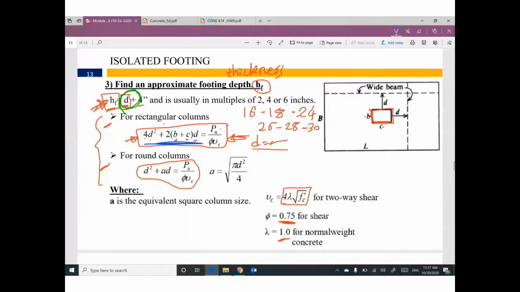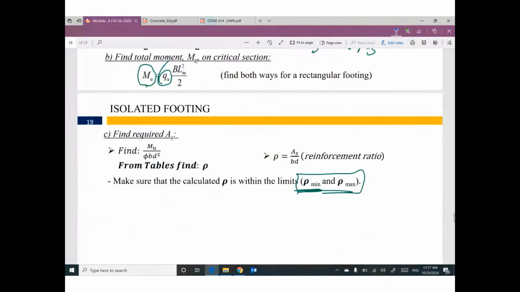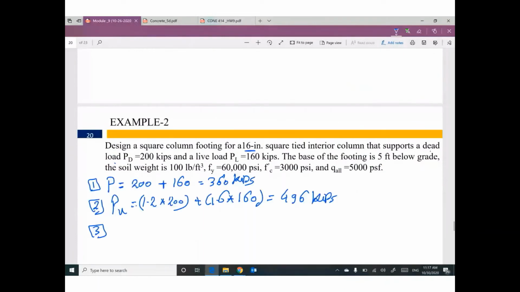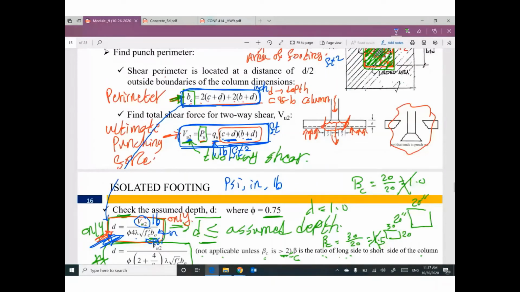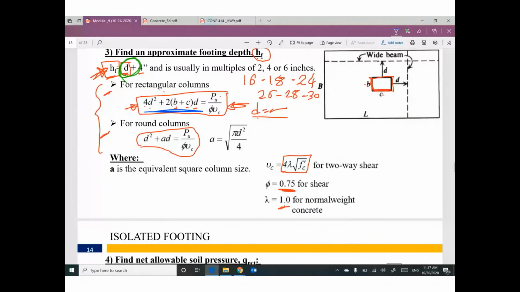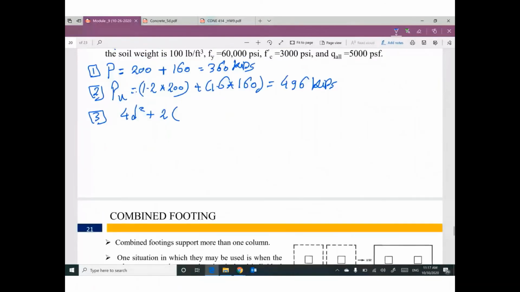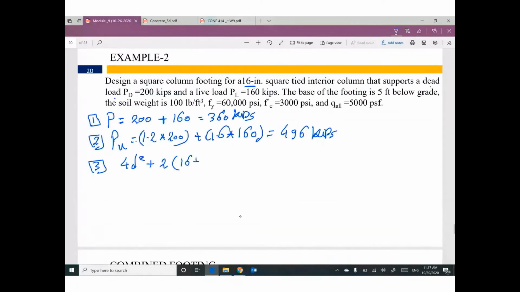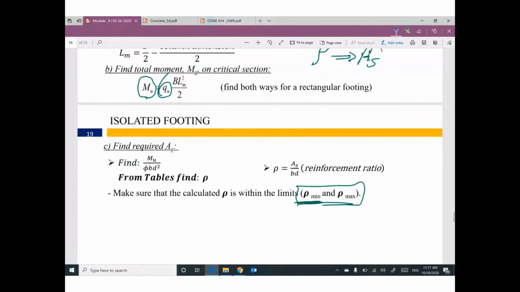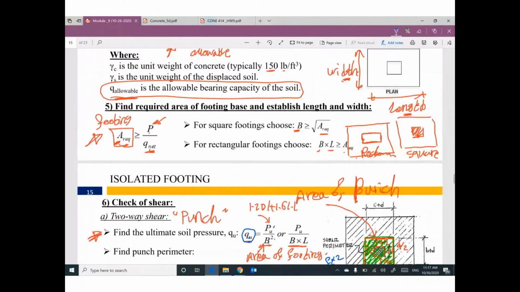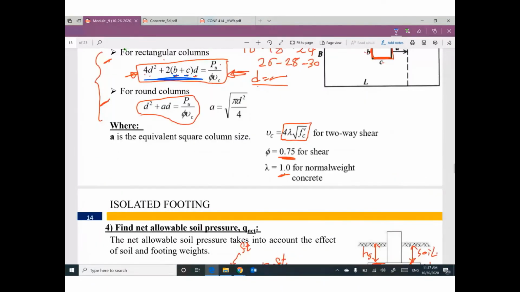Let's try to use this one. 4d square plus 2 times (b plus c, the two dimensions of the column) times d, 16 plus 16, equals P ultimate divided by phi Vc.